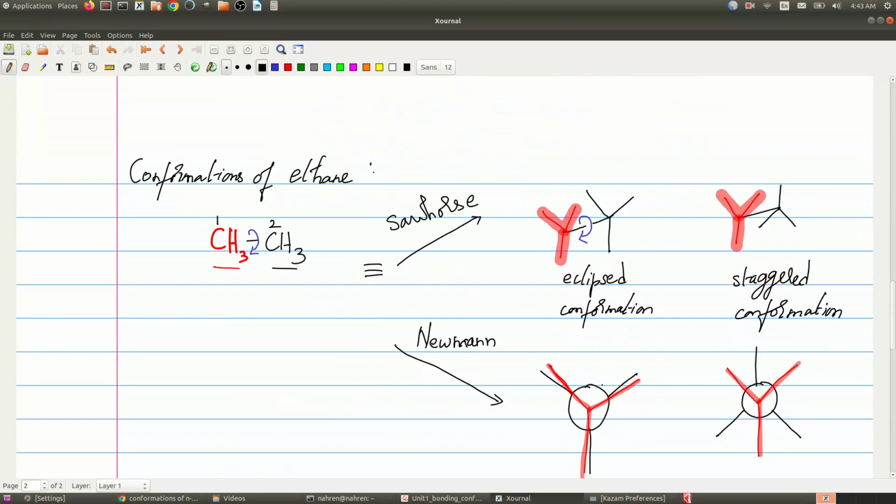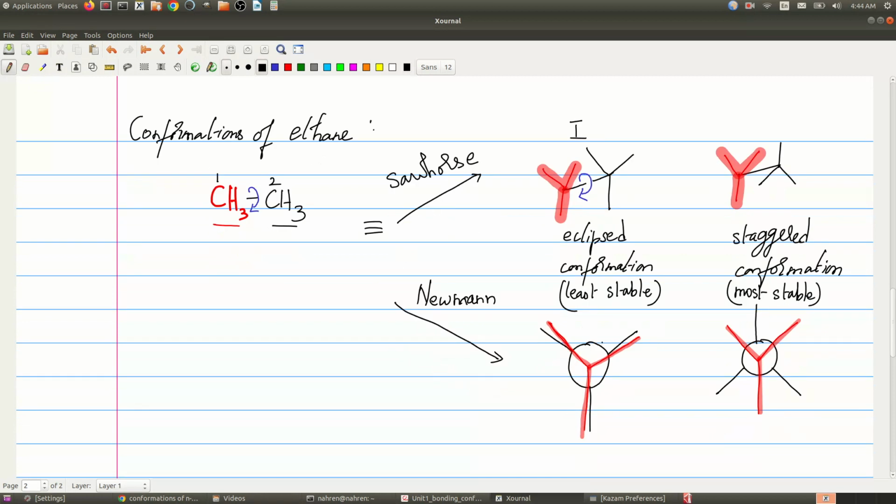This can be represented in two representations which we are aware of. The first one is called the sawhorse representation. Here what I label as one is the eclipsed conformation, which is the least stable conformation, and the staggered conformation is the most stable conformation. In the Newman projection, we can draw the eclipsed conformation as shown below.